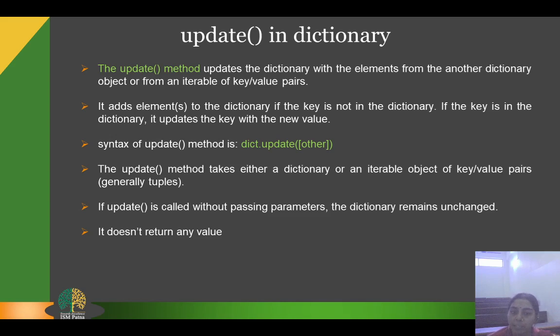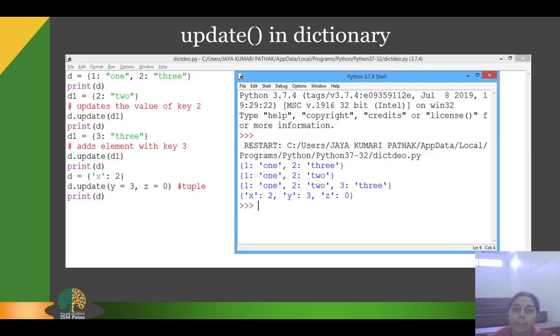The update method takes either a dictionary or an iterable object of key value pairs. Generally we use tuples. If update is called without passing a parameter, the dictionary remains unchanged and it does not return any value. See here the effect of the update function.